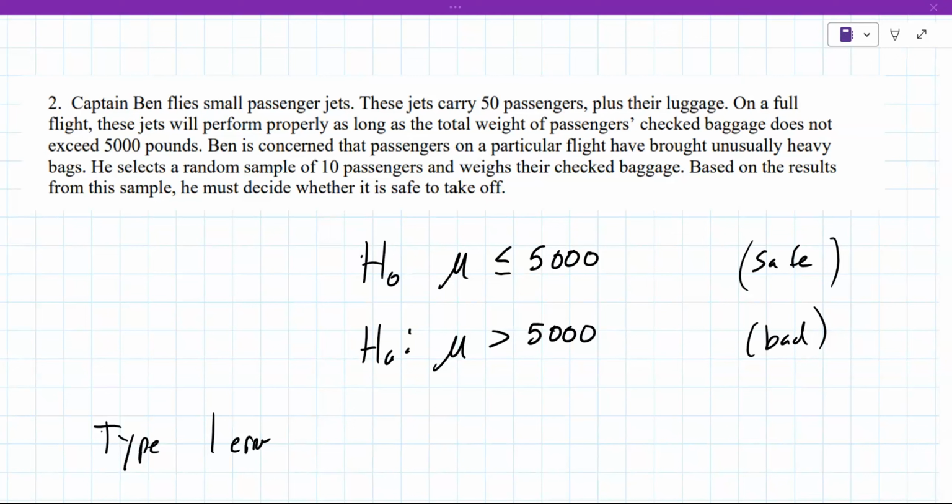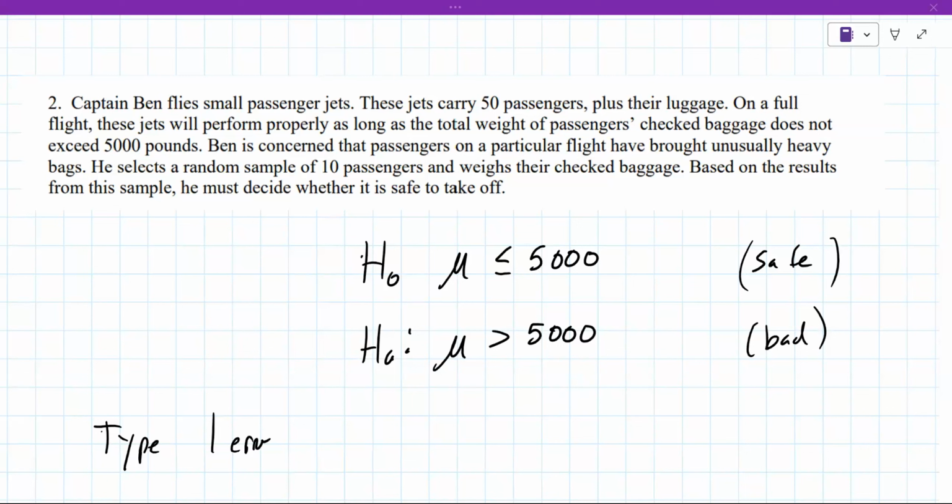If you reject the safe option, we're rejecting that it's less than or equal to 5,000. So what are we supporting then? You're supporting the other one. And what does that mean in this context?